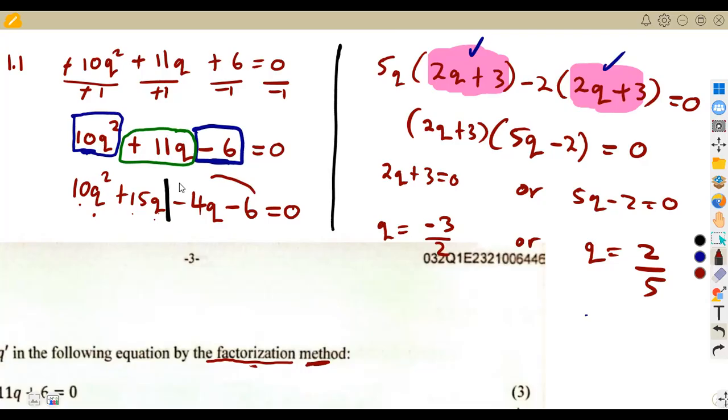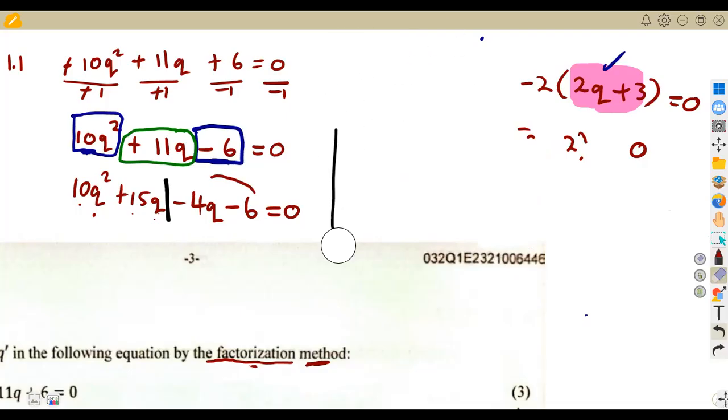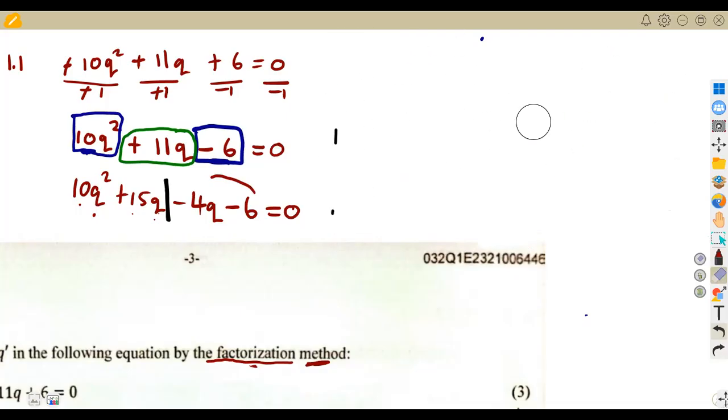So instead of applying this part of factorization, you can also consider working with the brackets. The way that you understand your brackets, you can also do that. So it can be a simpler thing, or we can also do this thing. All right, there's another simpler way of doing this factorization.